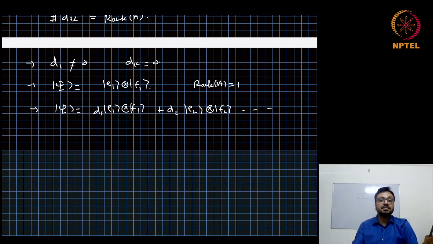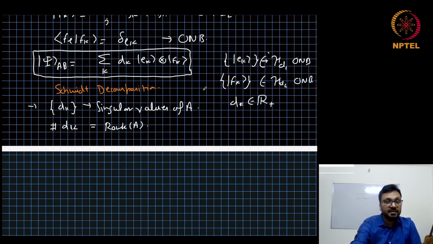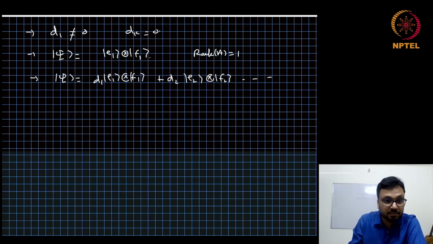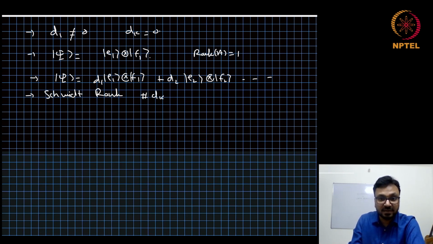So in that case, it is guaranteed that it's not a separable state. In that way, Schmidt decomposition will very quickly tell us whether a given state is separable or entangled. The number of non-zero dk's is also called the Schmidt rank.